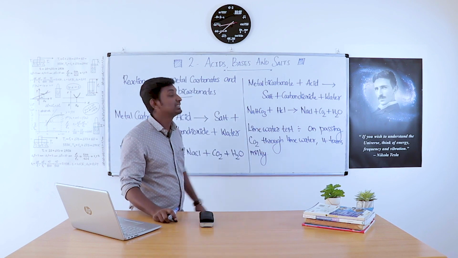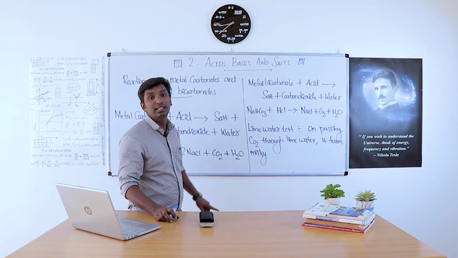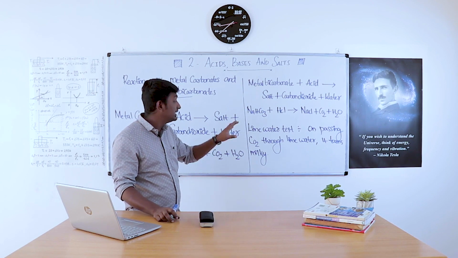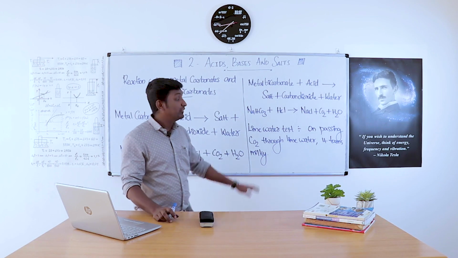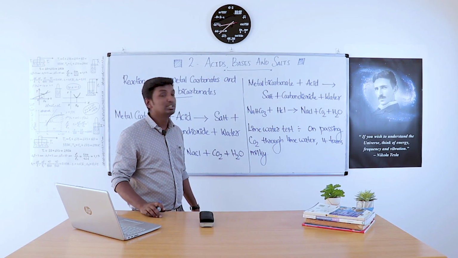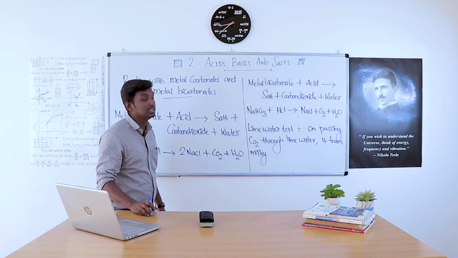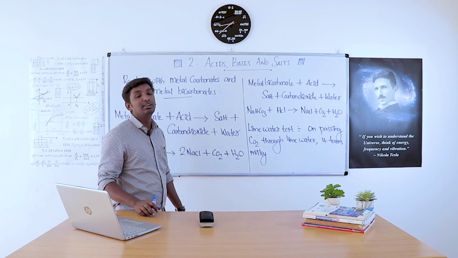This gas is passed through lime water. If the lime water turns milky, it shows the presence of carbon dioxide. Only carbon dioxide turns lime water milky. So the test for carbon dioxide is the lime water test.